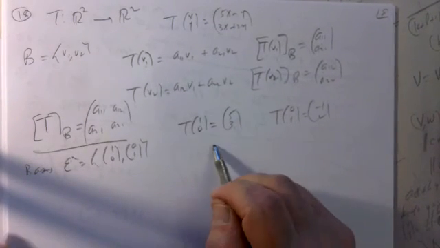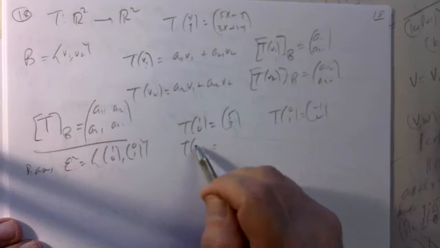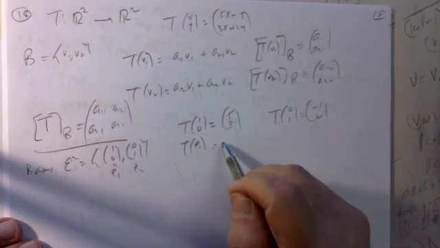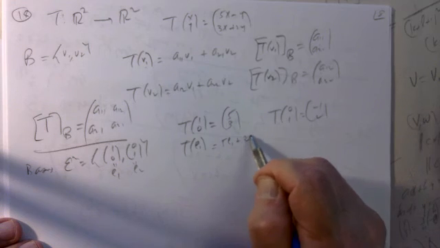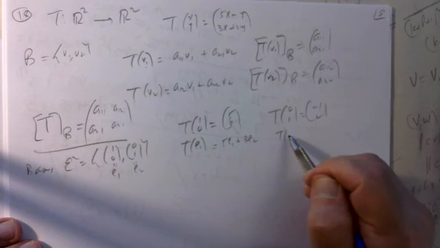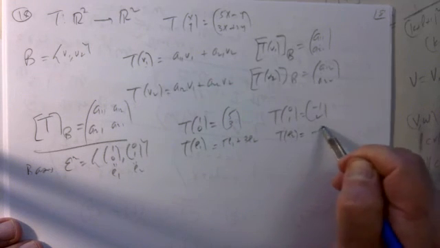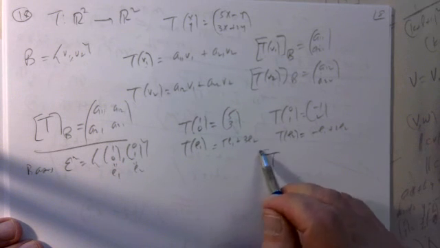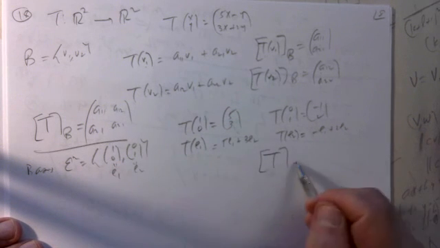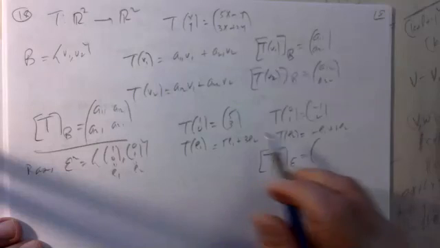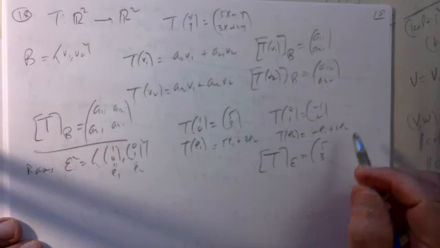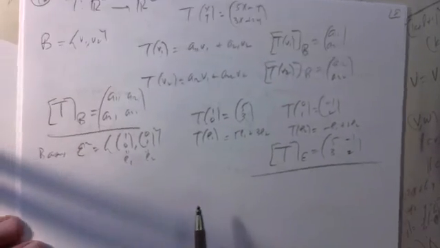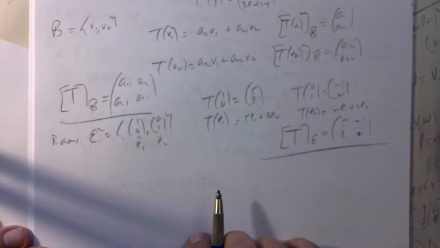So T of E1 is 5E1 plus 3E2. T of E2 is -E1 plus 2E2. And so the matrix for T with respect to this basis E is 5, 3, -1, 2. That's kind of the simplest case.